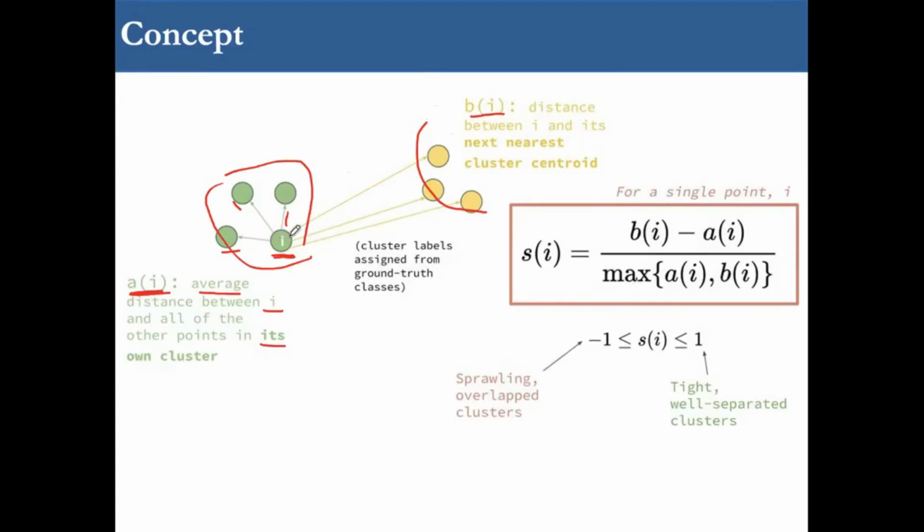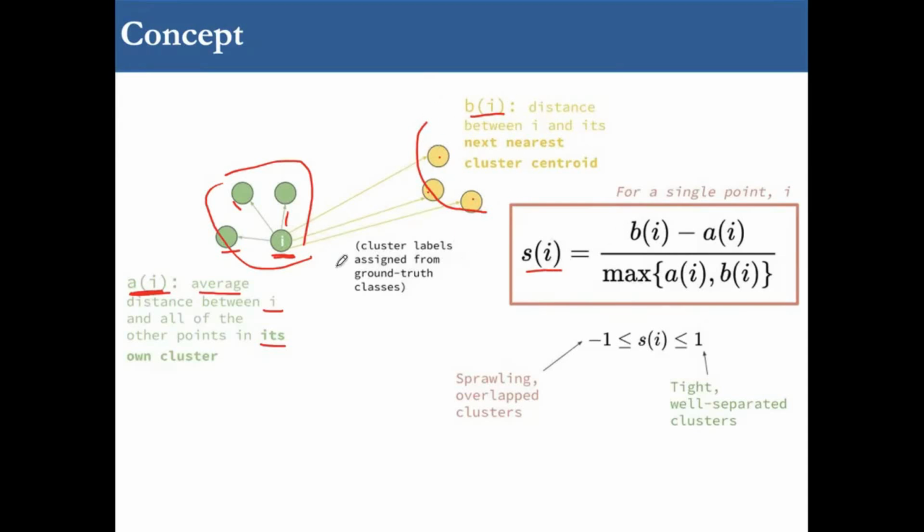So now we'll calculate the distance between i and another data point, i and the second cluster center, i and the third cluster center. We'll be calculating all these values and then we'll be calculating the average of it. So this is said to be b(i).